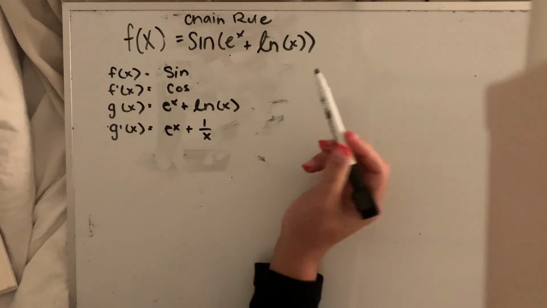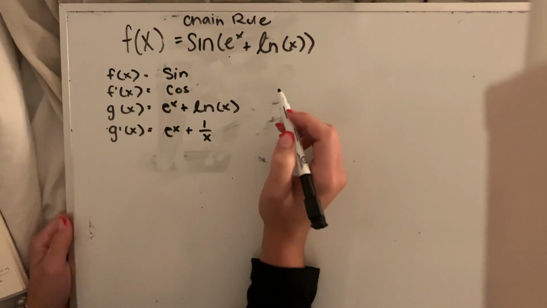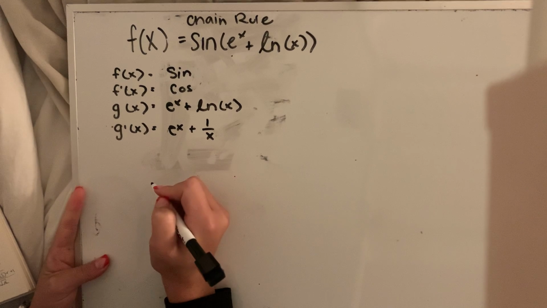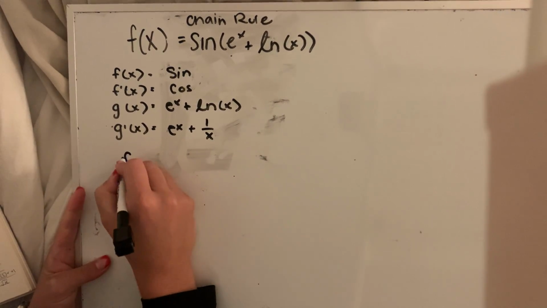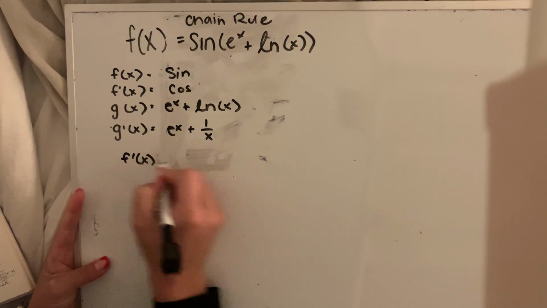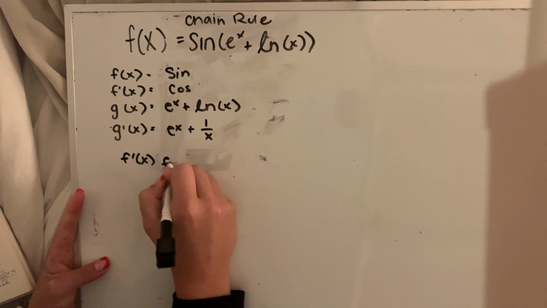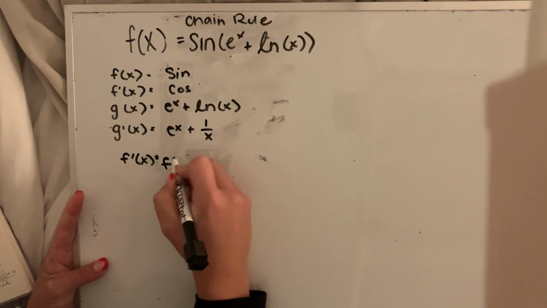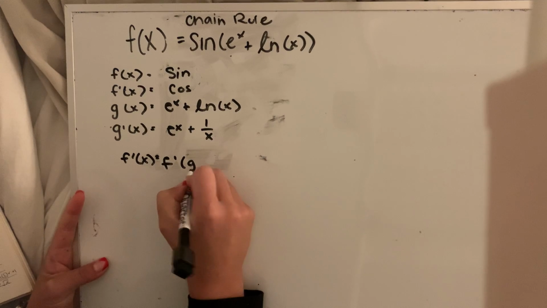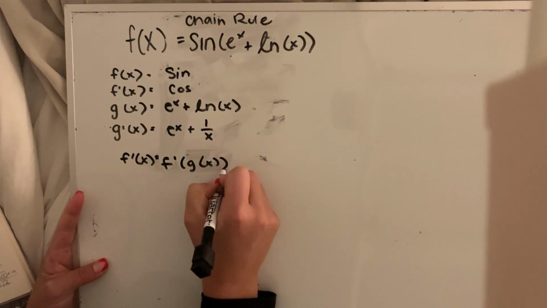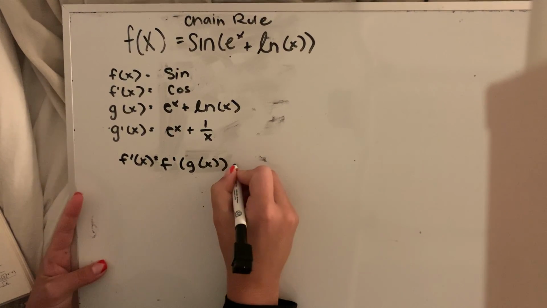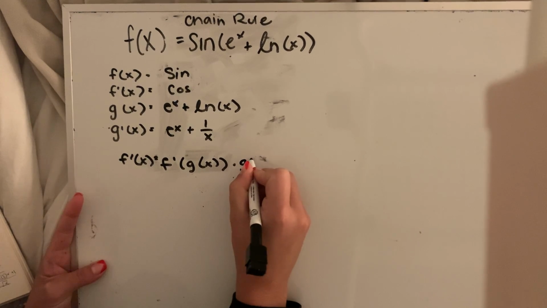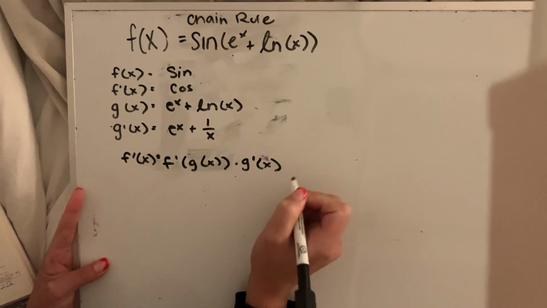Then I'm going to apply the chain rule, and the chain rule's equation would be f prime of g times g prime of x.